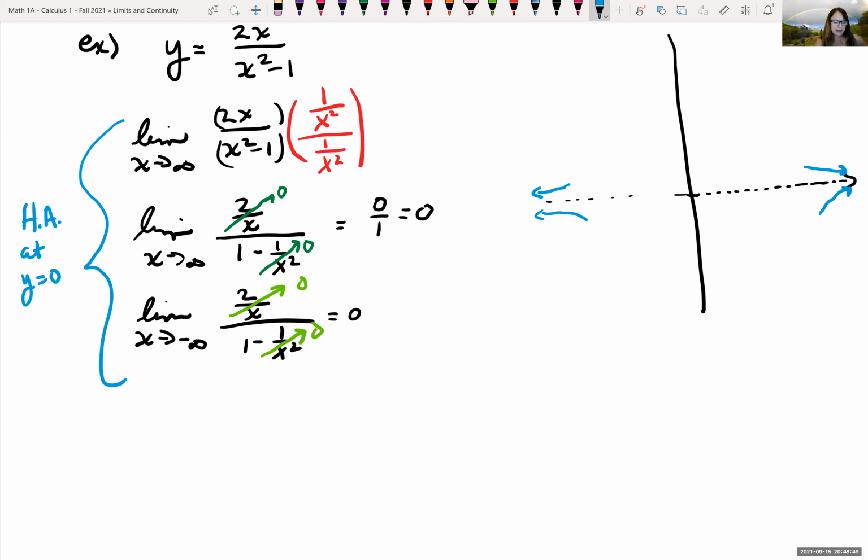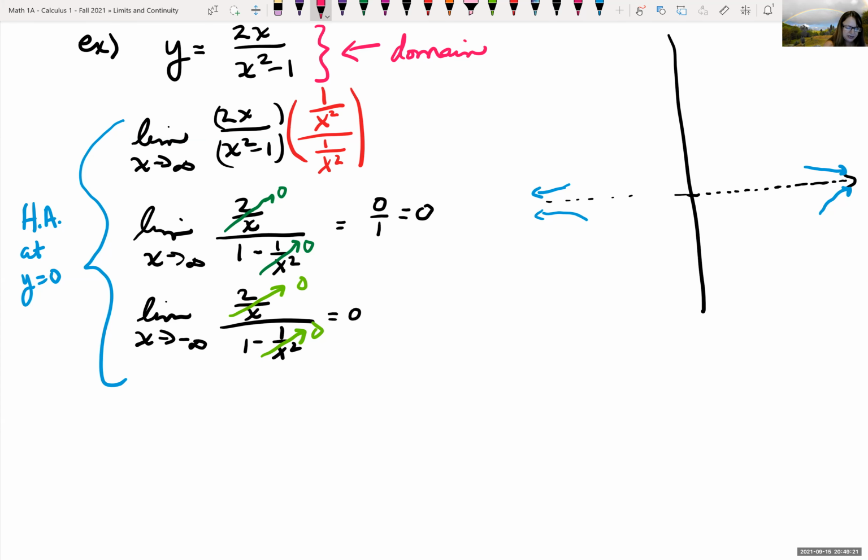Okay, so now we want to look at vertical asymptotes, or the domain. When we find the domain of a function, we're looking at our trouble spots. What's going to give me a 0 in the denominator if I have a variable there, or what's going to give me a negative under an even powered radical, because you can't have a square root or fourth root or sixth root of a negative number and get back a real number.